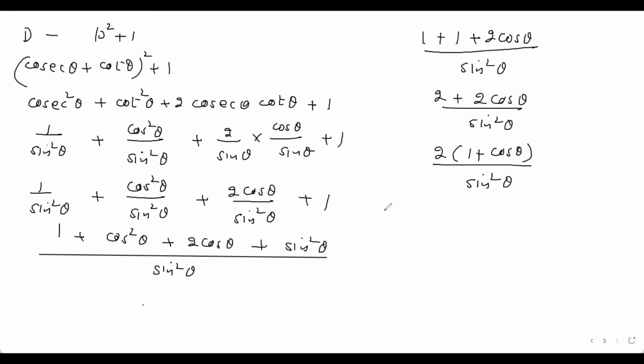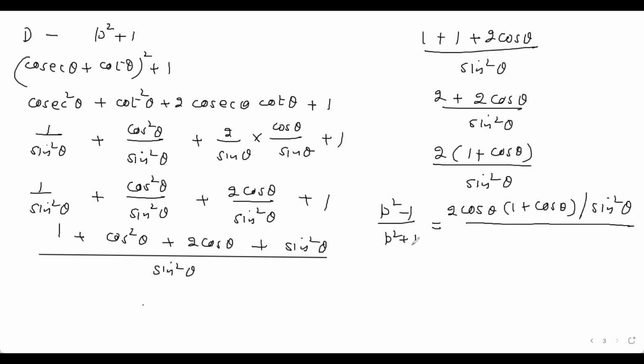Now, p square minus 1 upon p square plus 1 is 2 cos theta times 1 plus cos theta upon sine square theta, divided by, as we solved, 2 times 1 plus cos theta upon sine square theta.